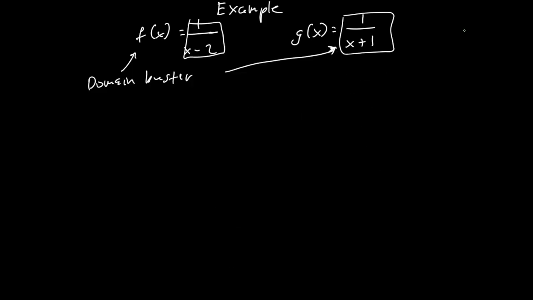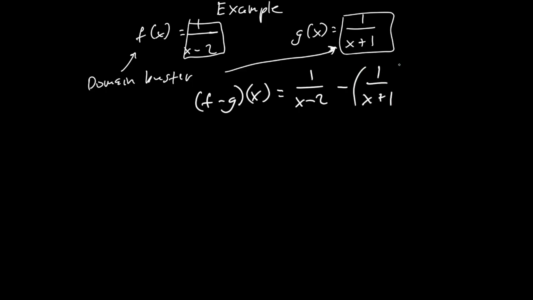Now, moving on to subtraction, this is actually very similar because you're subtracting, which is like multiplying g of x by negative 1. So you do f minus g of x equals, we get 1 over x minus 2 minus 1 over x plus 1, and we can put this in parentheses.